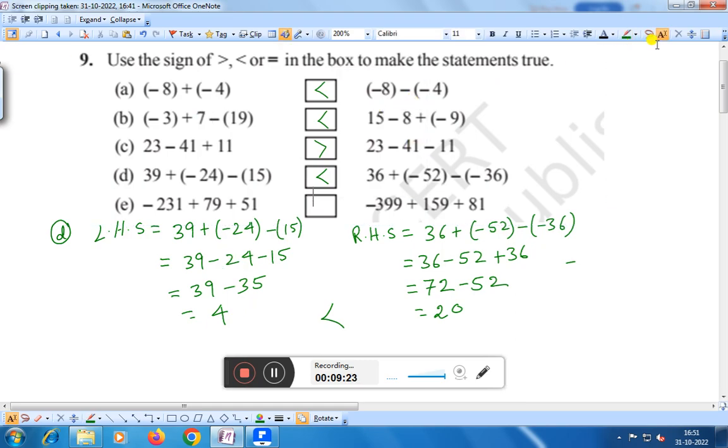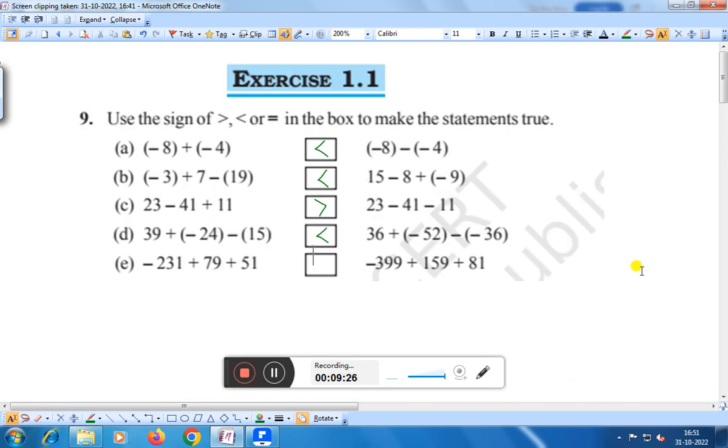Now, question number E. You see, question number E, left hand side, LHS, is equal to minus 231 plus 79 plus 51.